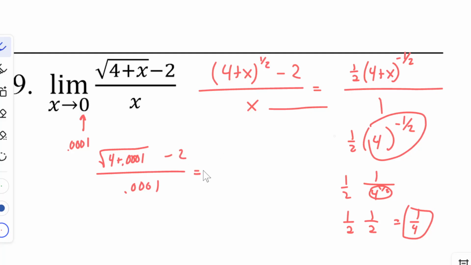I guess if you did this, the calculator would spit out some answer like 0.24999, or maybe it would just be 249. It's not a slam dunk, but you'd have to go, oh, that's getting closer and closer to 0.25, which is 1/4. Might work.